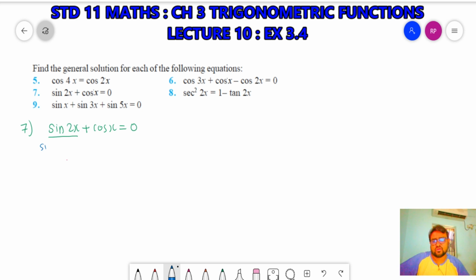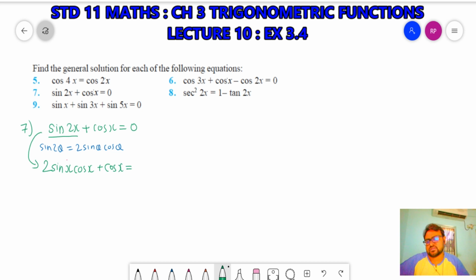Sine 2 theta was equal to 2 sine theta cos theta. So here we will get 2 sin x cos x plus cos x equal to 0.